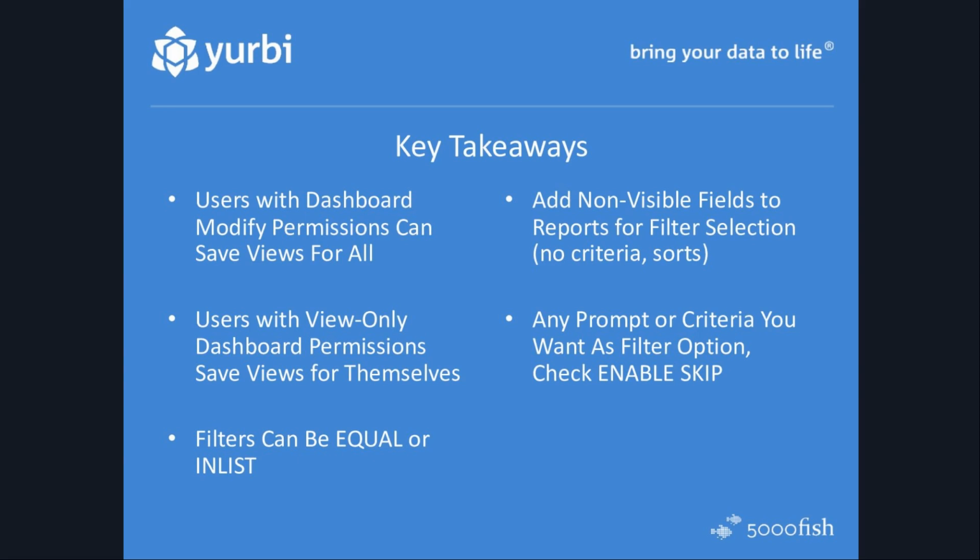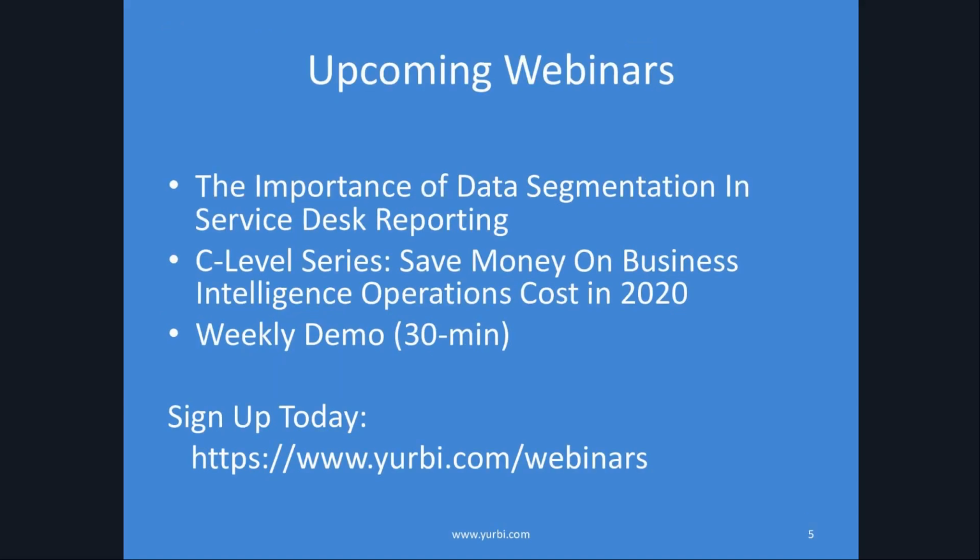As you saw, data level security will protect your data, even though a hard coded criteria, you might be using that today. If you want to make that available to filtering, just check that enable skip prompt button, and that will allow that field to now be shown inside of your filter creation process. So those are the key takeaways that you want to remember as you build these dashboard filters and views.